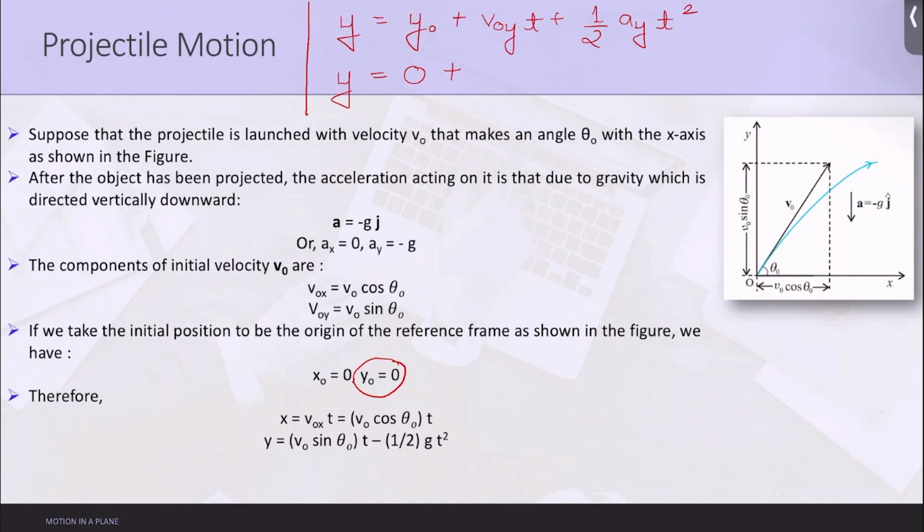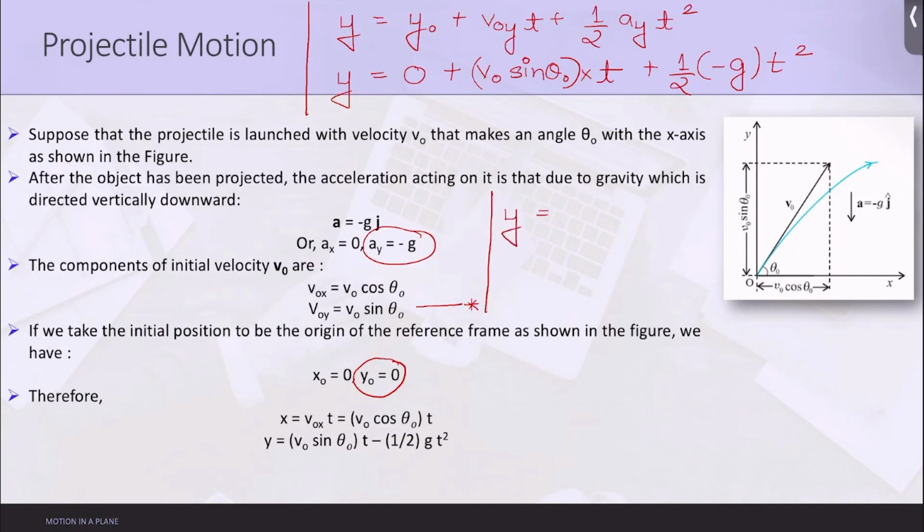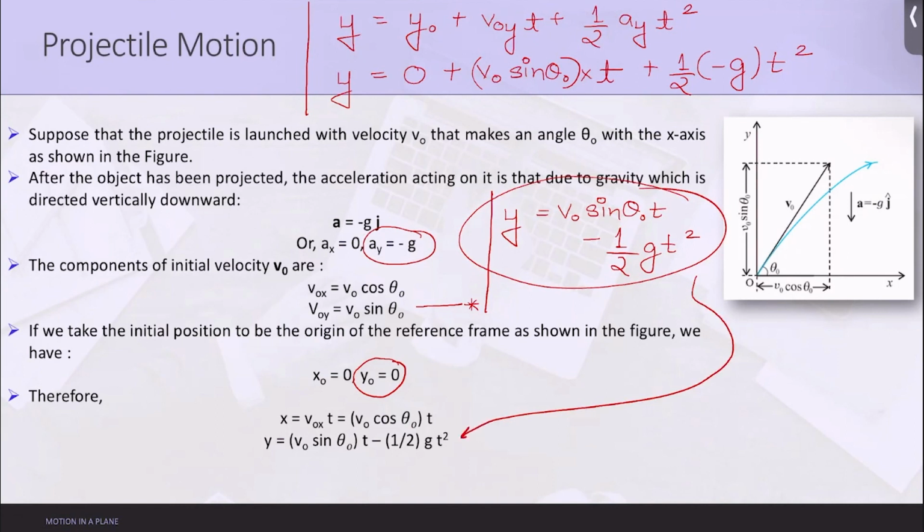So 0 plus v naught y, which is v naught sin theta naught, into time, plus half into minus g. Please remember, a y is minus g, correct? Into t square. Therefore, y is equal to v naught sin theta naught t minus half g t square. So that is the relation we found here.